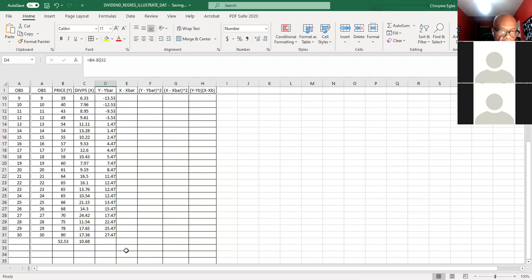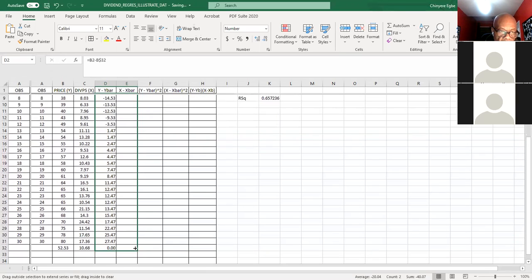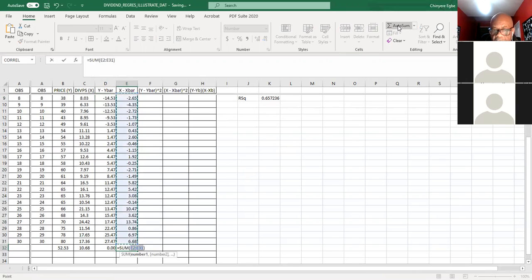Okay. So I get 0 there. We do the same thing for X bar, and we get the sum of that.